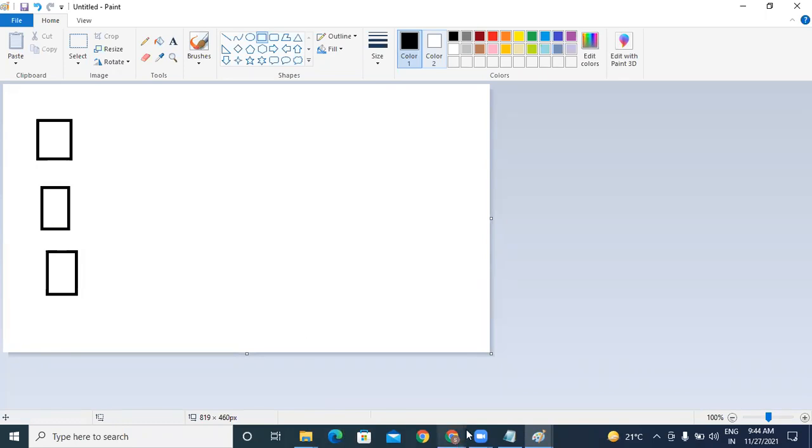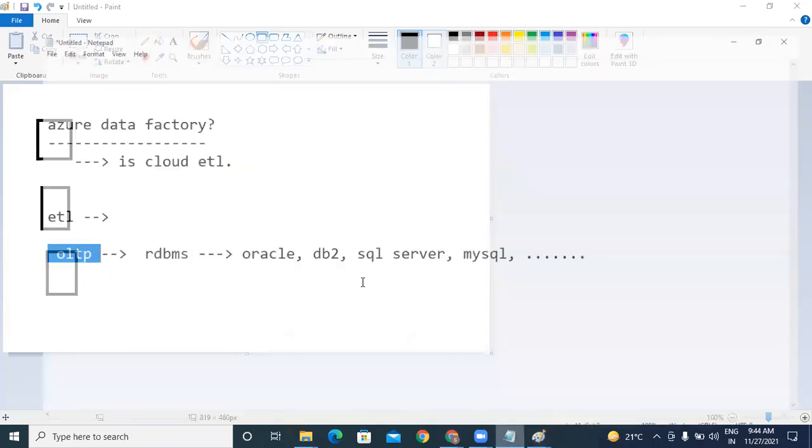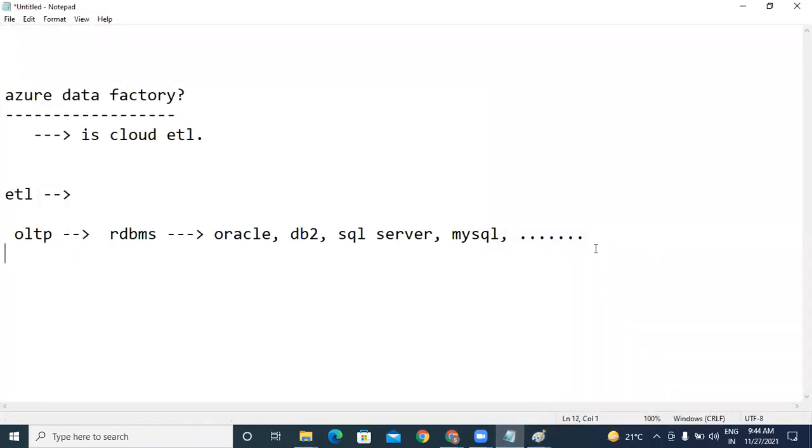But the problem with these OLTP systems, as one of our team members here in our Zoom meeting said in the beginning, is less capacity. OLTP systems have less capacity, maybe good up to 10 terabytes.